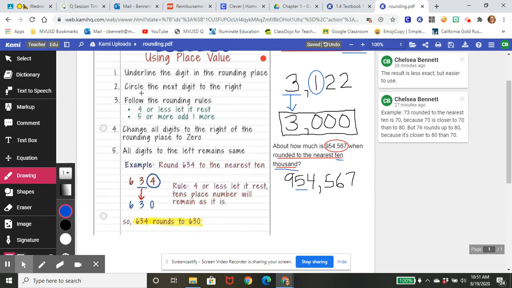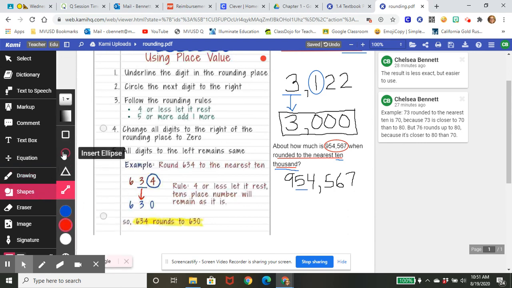Number 2, circle the next digit to the right. Okay? So here's my rounding place. So I'm going to circle right next to it. Okay? I'll circle the 4. This is the number I'll change.